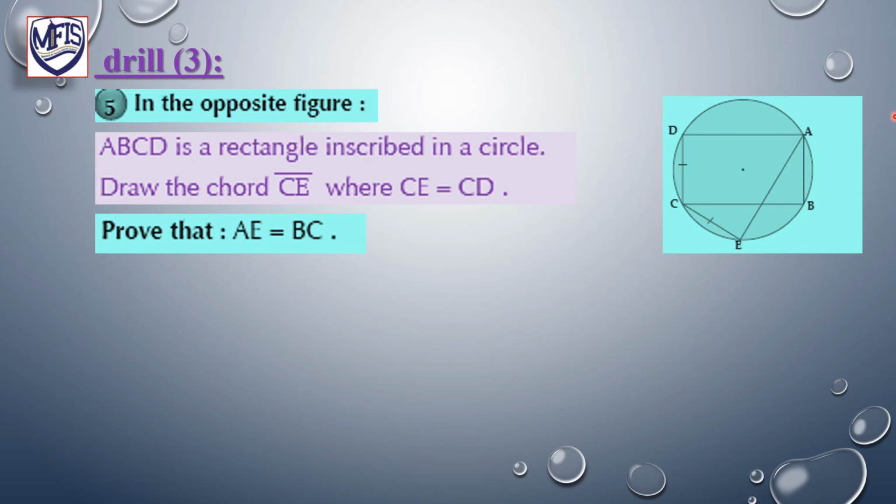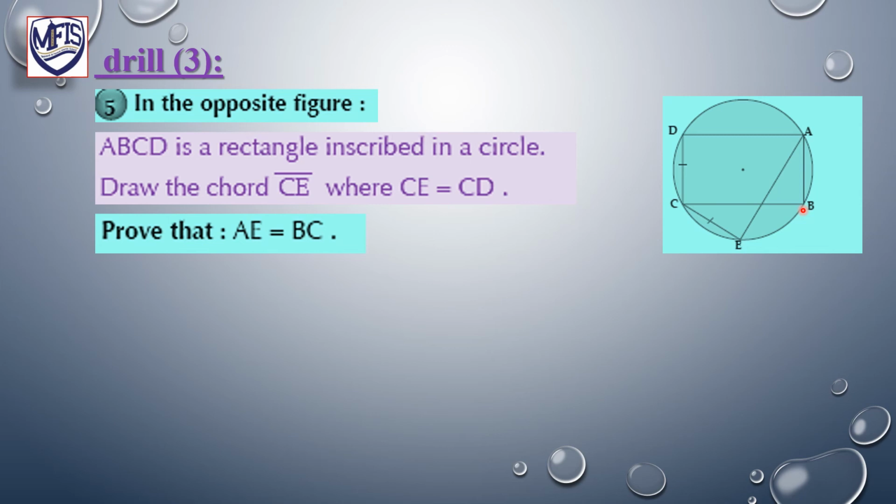How to prove that the length of a chord equals the length of another chord? Yes, we studied in the corollaries: if chord equals chord, that means the measure of the arc opposite to the first chord equals the measure of the arc opposite to the second chord. What do you notice here? I want to prove that arc ABE equals in measure arc CEB.